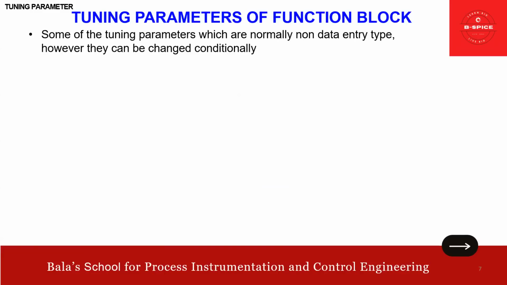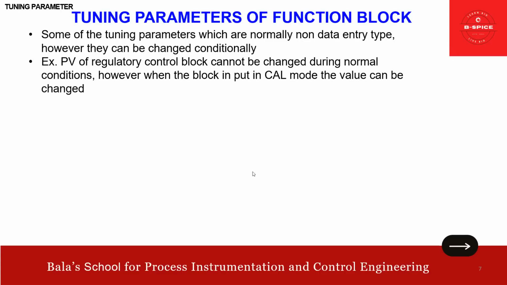Now we covered this PID. Now I just want to give some examples. We have discussed that some of the data types can change and non-data types cannot change. Some of the tuning parameters which are normally non-data entry type can however be changed conditionally.